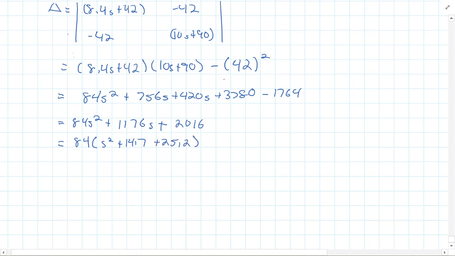And I can factor it out there. It doesn't factor out pretty in the sense that there's nice integers, but it factors out nice enough. And I forgot to write my s there.